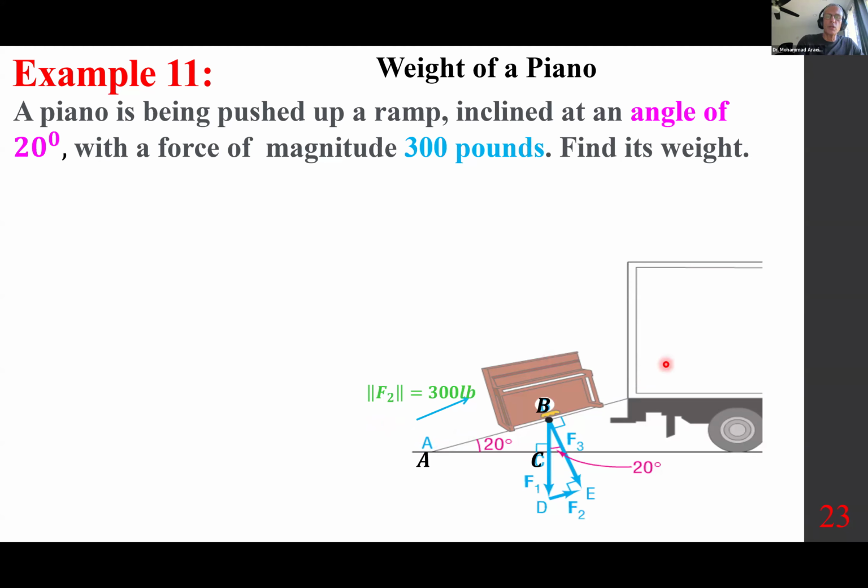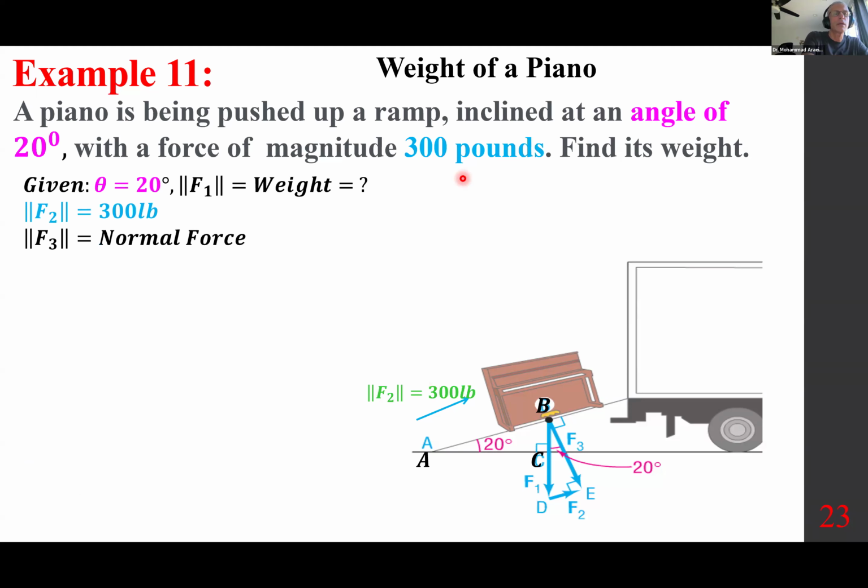The force pushing it up, the magnitude is 300 pounds. It's given. So theta is 20 degrees. The magnitude F1 pushing towards the center of gravity is the weight, missing.